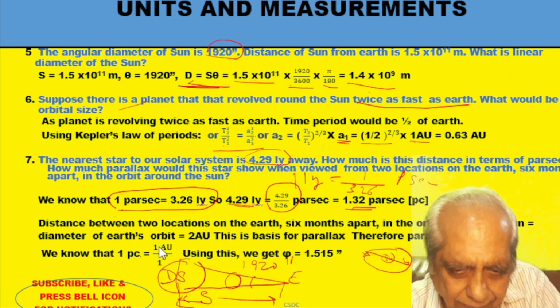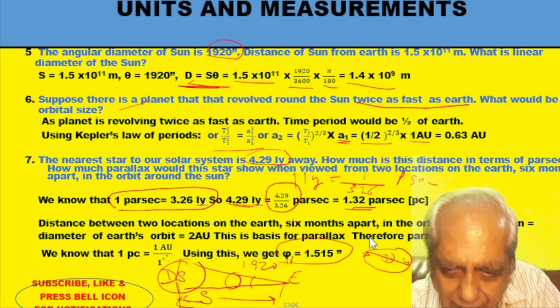So I'll get theta as 1.51 seconds. This is the parallax angle that the star will show, because from these two locations I am looking at that star. Last time I had explained this figure to you. You can have a look at that figure if you want. Okay.